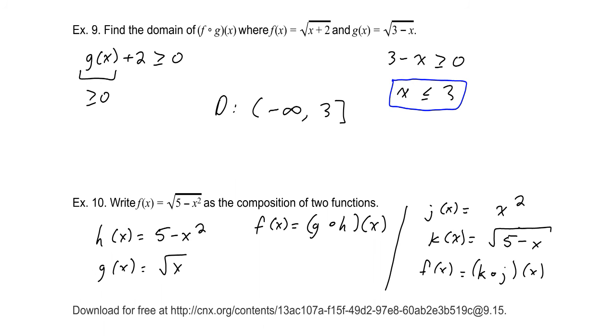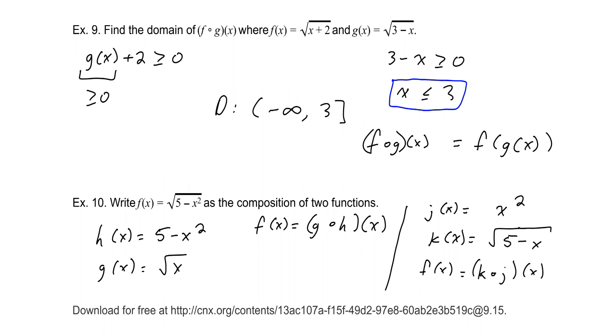So keep in mind that the inputs of a composition function, what it does is it's taking inputs of one function, going to the outputs, and then taking those outputs and making those also inputs. So there's a big connection here. So let's go ahead and write this. f of g of x.